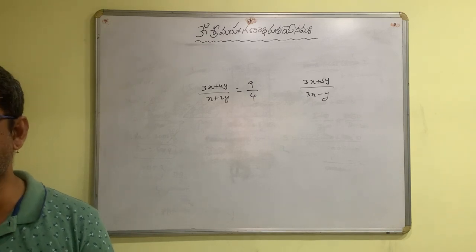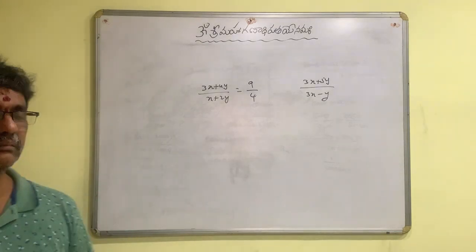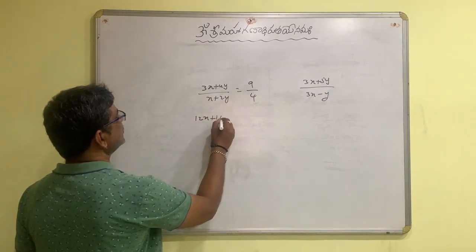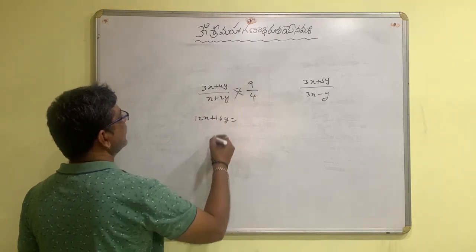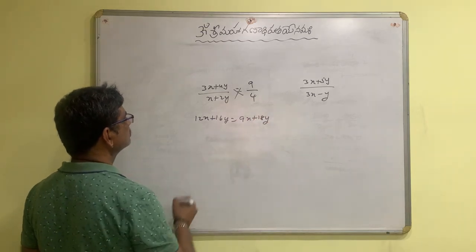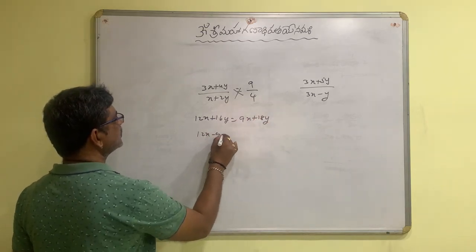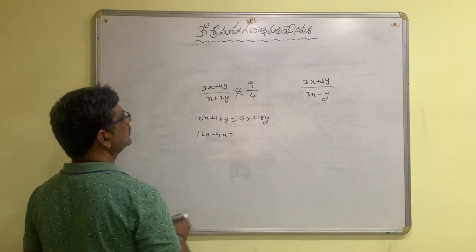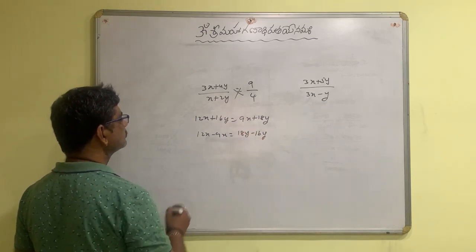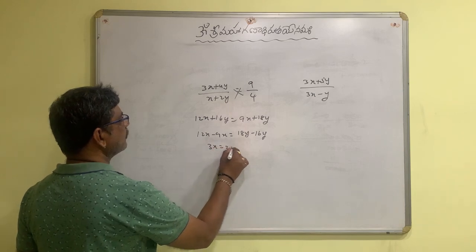Simplification means cross multiplication. 12x plus 16y, do cross multiply, 9x plus 18y. 12x minus 9x is equal to 18y minus 16y. 3x is equal to 2y.